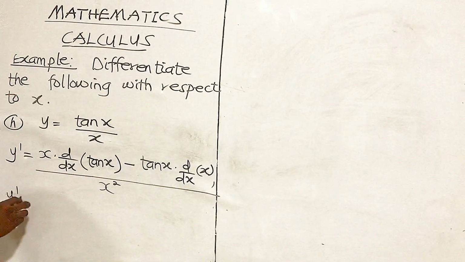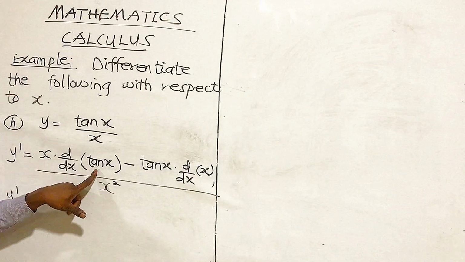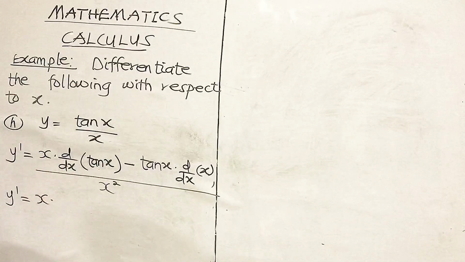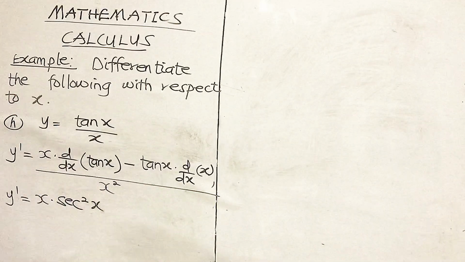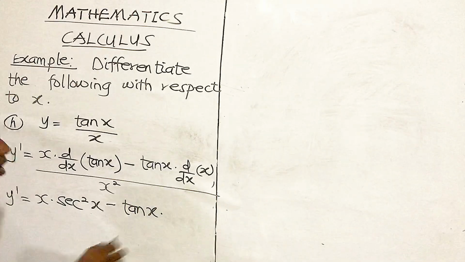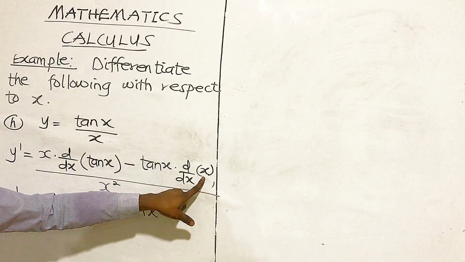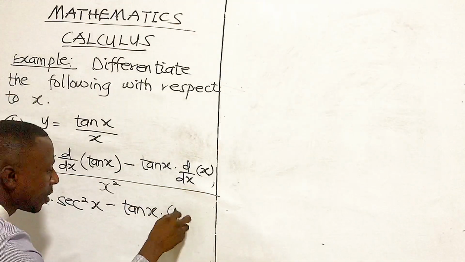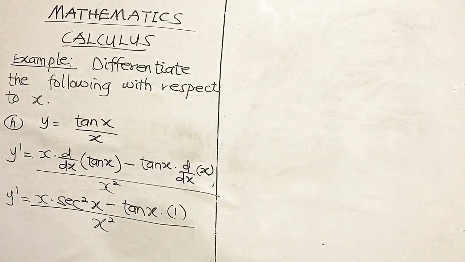So now we have y prime to be equal to x multiplying. Now when I differentiate tan x, I am going to get sec squared x minus tan x, also multiplying the differential of x. And when you differentiate x, we are getting 1, all over x squared. So now let's check the final answer.